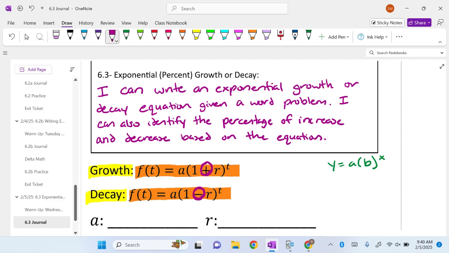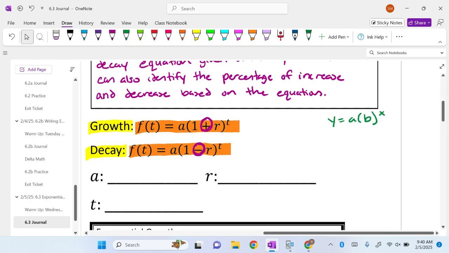All right. Now, it has some new values that we're putting into those formulas that you may not be familiar with. So we're going to talk about what each one of those letters stands for in terms of the problems that you'll see. First off, letter A. Letter A in growth and decay formulas is pretty much the same as letter A in any exponential formula. When we were talking about exponential functions in general, what did the A typically represent? The y-intercept. Same thing here.